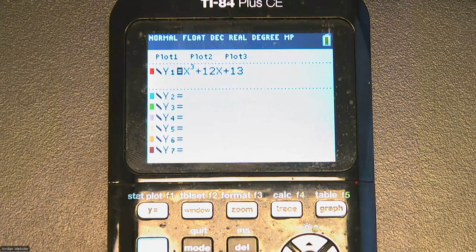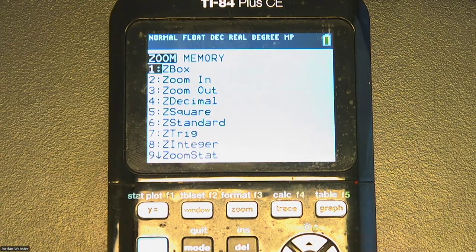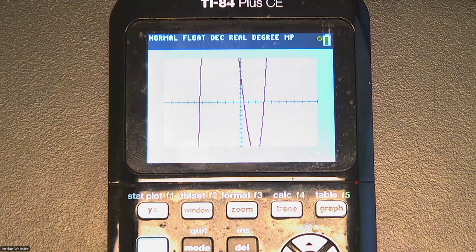is go to the graph, x to the third plus 2x squared minus 17x plus 6. I'll make sure that we're doing a standard window because that has x values between -10 and +10. And then if I trace, I can just plug in 6.